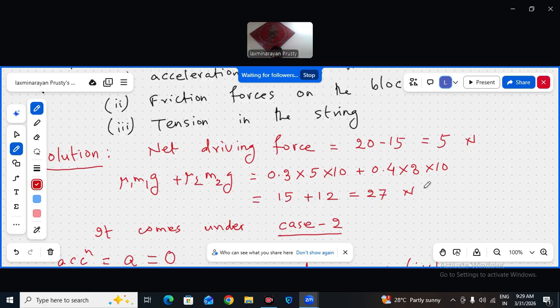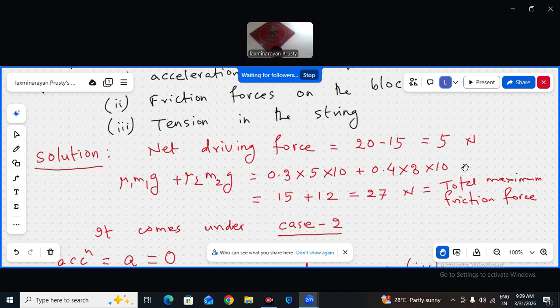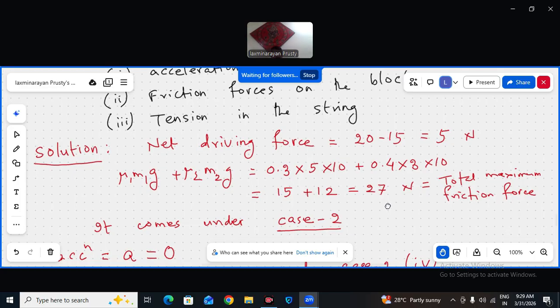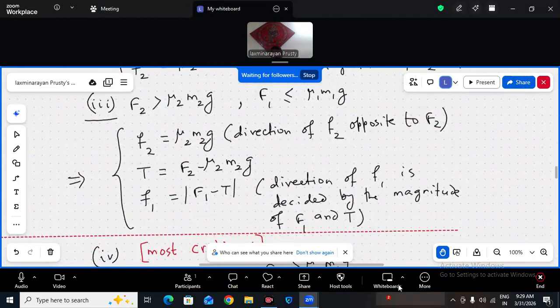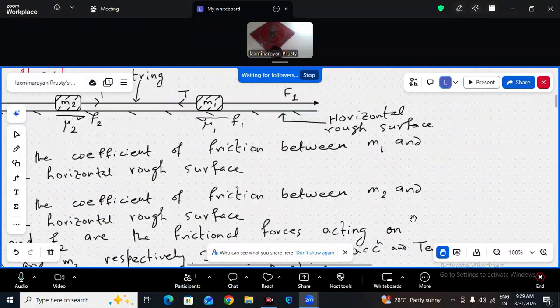This is the total maximum friction force. So which category will this come into? Will there be acceleration there? No, this one, the CD category, we discussed it too.